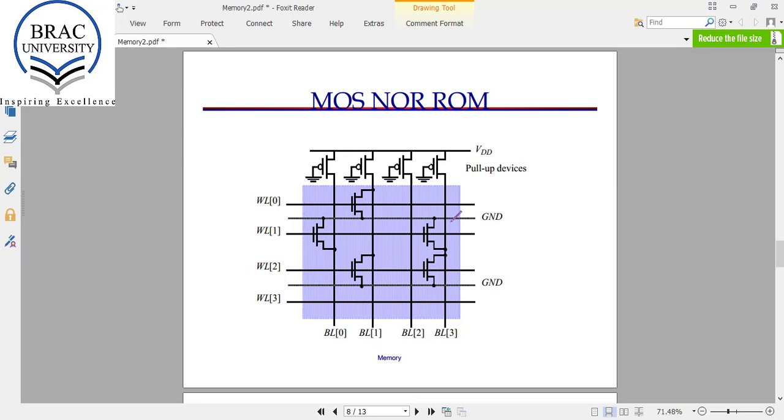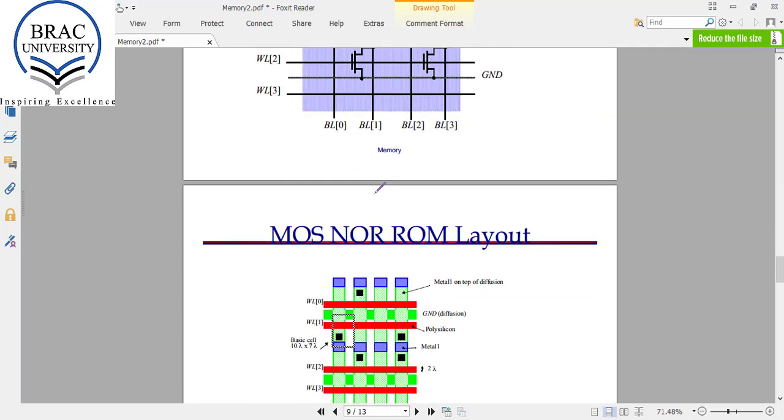For this example here, we will have 16 transistors at 16 junctions, but when we need to program this, that means I want to write some data. For word line 0, I want to write a value that is 1011. So I'll find the location where I have to write a 0. Then I will just connect the drain of the MOSFET with this bit line. So how can we do this?